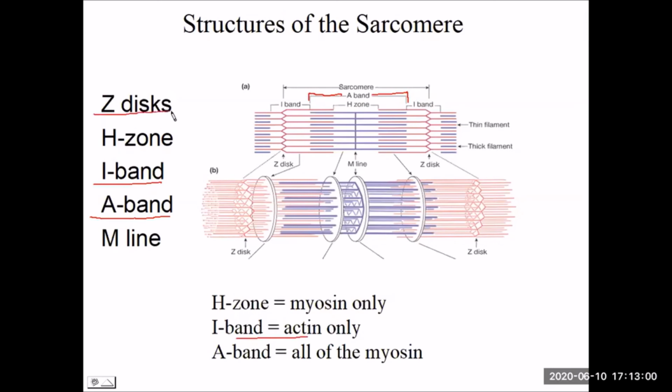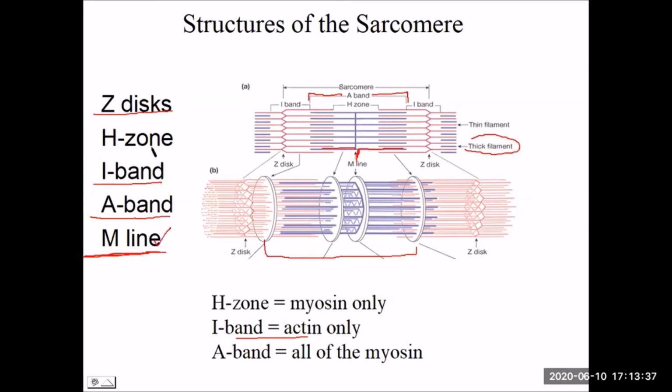The Z disc, as we just pointed out, is the boundary of one sarcomere, from Z to Z. And the newer term we're adding in now is the M line. The M line is the center of the sarcomere. And the M line is the connection point for all of the thick filament. So the myosin thick filament is all centrally connected to that M line.